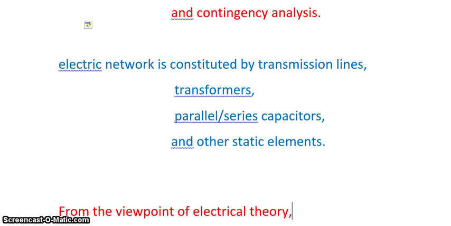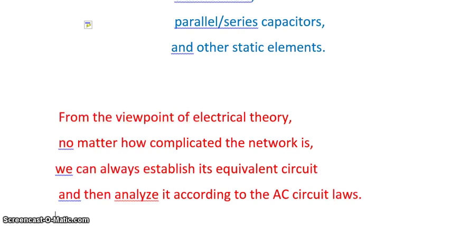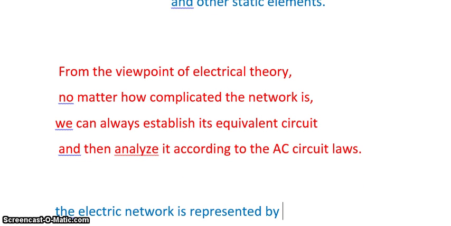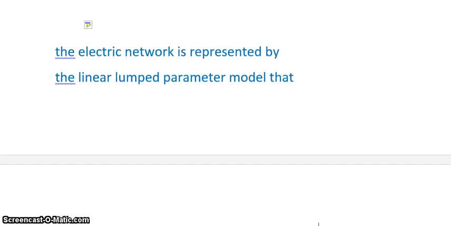The electrical network is constituted by transmission lines, transformers, parallel and series capacitors and other static elements. From the point of view of electrical theory, no matter how complicated the network is, we can always establish its equivalent circuit and then analyze it according to the AC circuit laws.